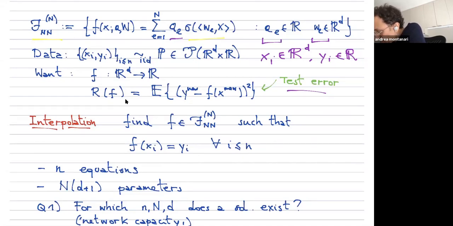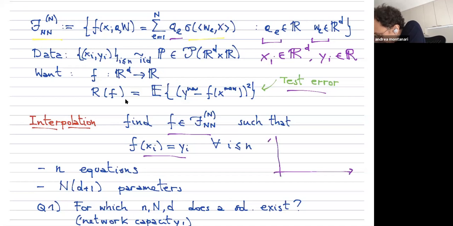And here in this talk, what I mean by an interpolating solution is a function, a two-layer neural network, in this class such that f of x_i is equal to y_i for all data points. So you look at the data points, and the function is able to exactly fit the data.